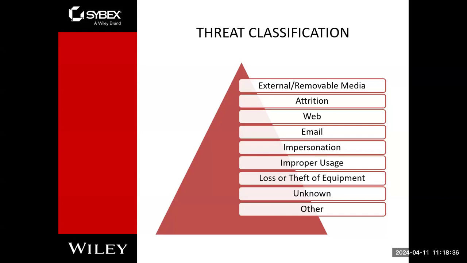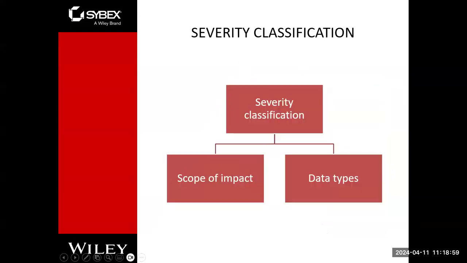Why you have unknown and other, I don't know, but I guess if something doesn't fall in those top 7, it would happen. Threat classification is also sometimes referred to as an attack vector, or you could relate it to an attack vector, and this is the means of the threat actor getting into the system.